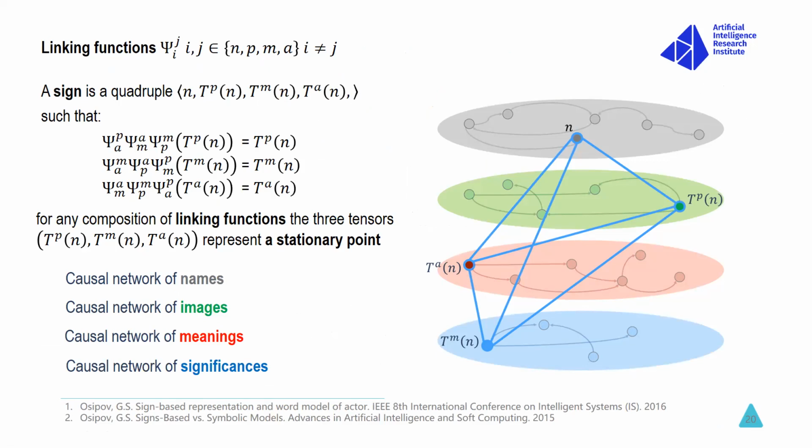Does that stationary point relationship play any role in the dynamics of your VSA implementation, or is that just a fact about the mathematical origins of these? Not in our case. We use just the image component of a sign, so we don't use the whole structure, and this particular property doesn't matter. I mean, this is just high-level conceptual work. Okay. Efficient. Thank you for the question.